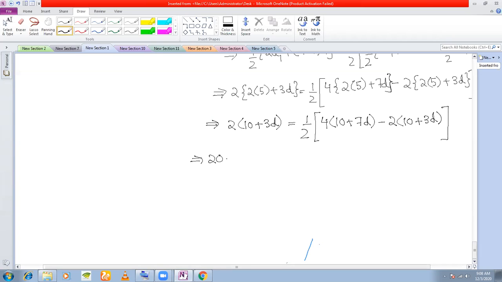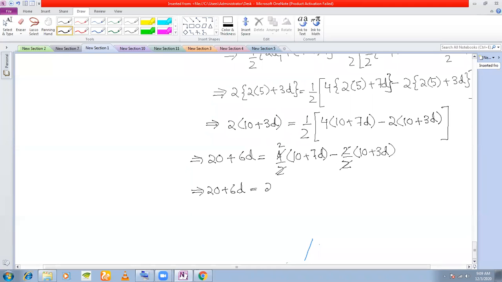Let's multiply everything. 20 plus 60 is equal to, you multiply half throughout also. If you multiply half throughout, you get what? 4 by 2, 10 plus 70 minus 2 by 2, 10 plus 3D. Right? So again, this cancels here. These two cancel.